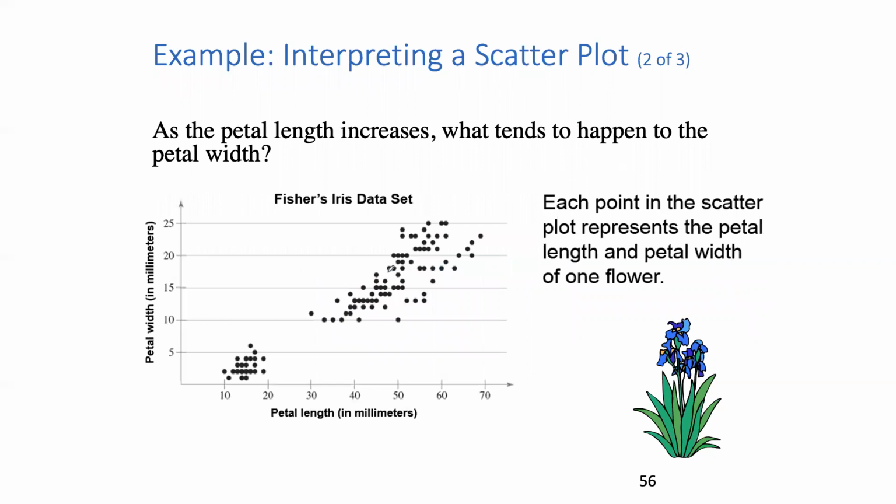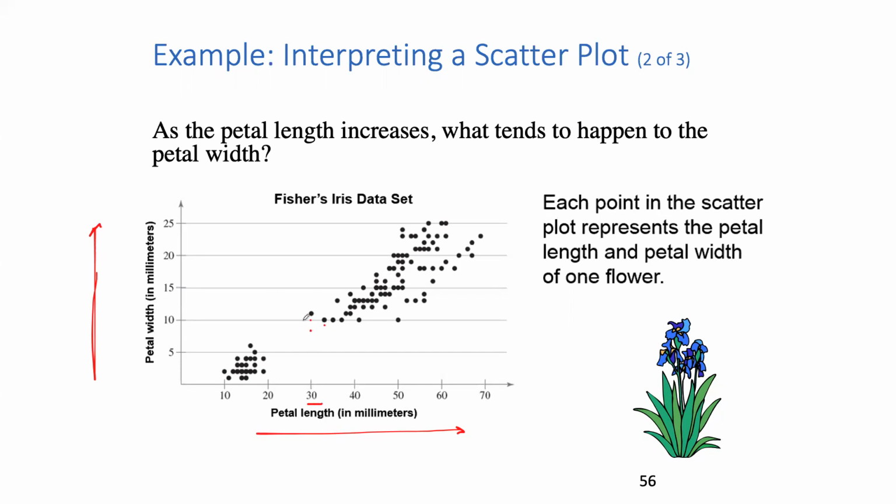All right. So on the x-axis here, the petal length is charted. On the y-axis here, the petal width is charted. So how do I read each of these points? So if I pick a point like this, or this one is easier to read. This is a point which has a petal length of 30 and a petal width of 12 millimeters, right?